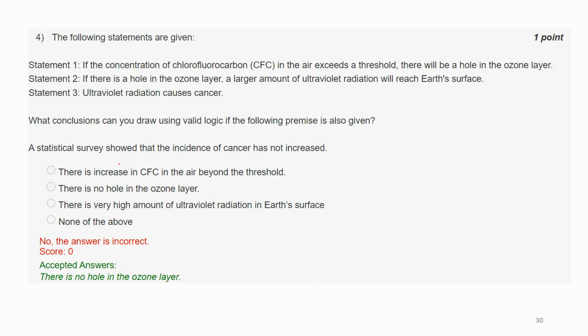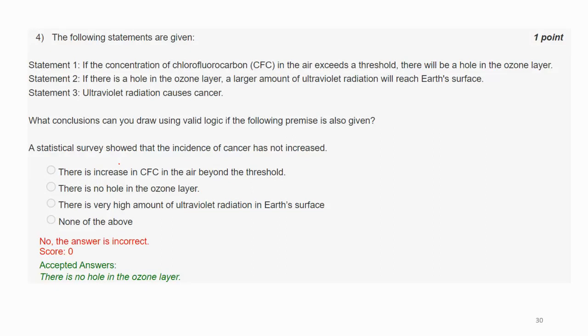So that was the accepted answer, right? Yeah, the incidence of cancer has not increased. So how does it lead to this answer, that there is no hole in the ozone layer?